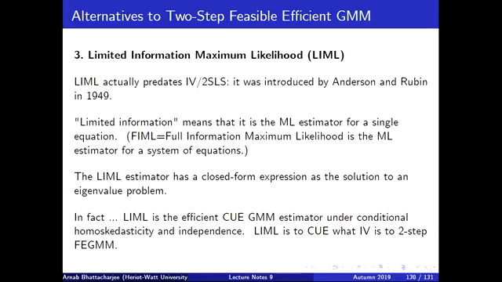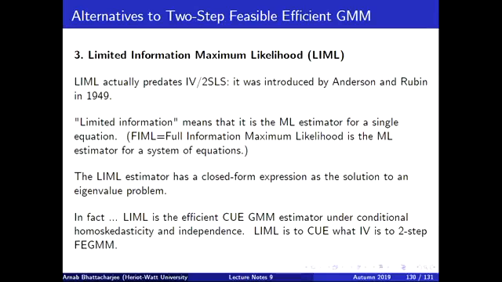So what is this limited information? It means that it is a maximum likelihood estimator, but for a single equation. So you have a system of equations, but you are obtaining maximum likelihood for a single equation. I'm not going to go into further details of this right now, but we'll come back to this when we discuss maximum likelihood, because it is interpreted as maximum likelihood, it has some advantages. The full information maximum likelihood is the maximum likelihood estimator for a system of equations. This has a closed form expression, but as a solution to an eigenvalue problem, so you have to make an eigenvalue decomposition of your entire system, so that is costly.